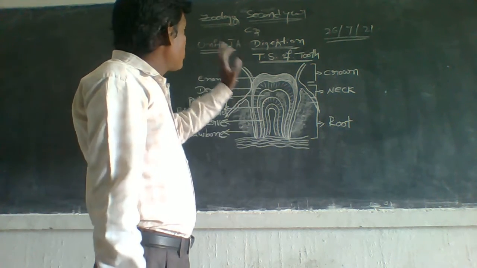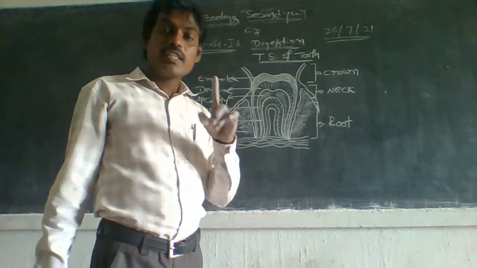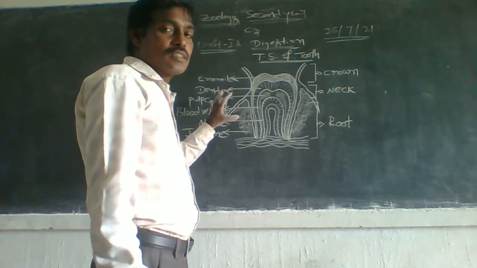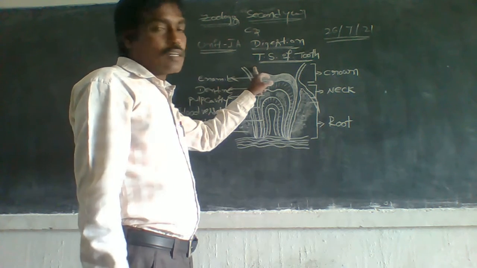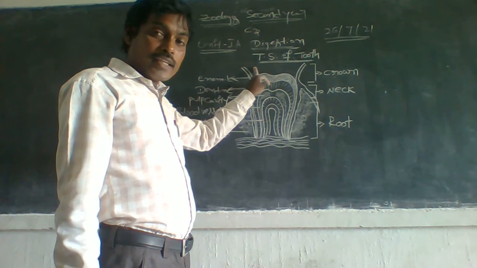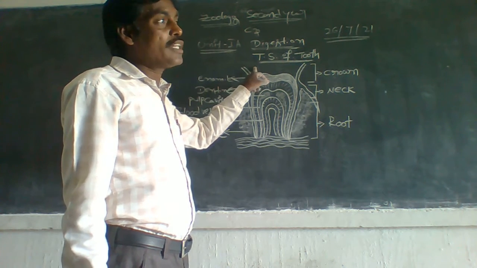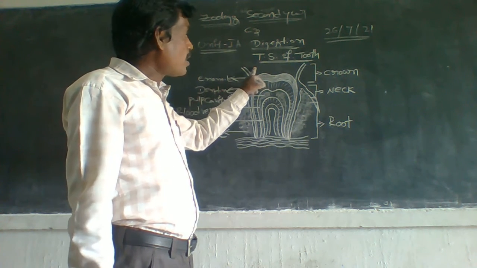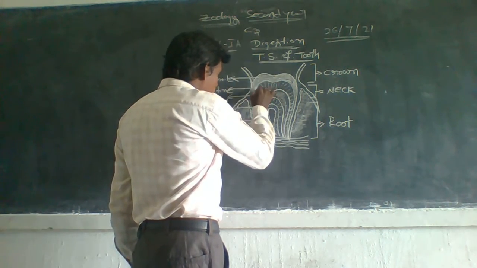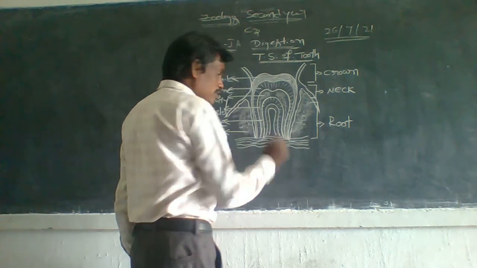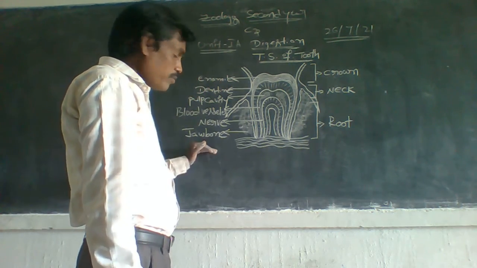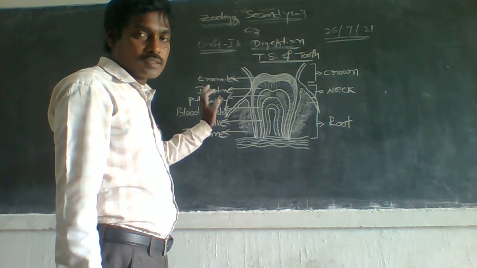Unit 1A asks this question first: the neat labeled diagram of the TS of tooth. This is the diagrammatic view. This is the identification of labeled parts.